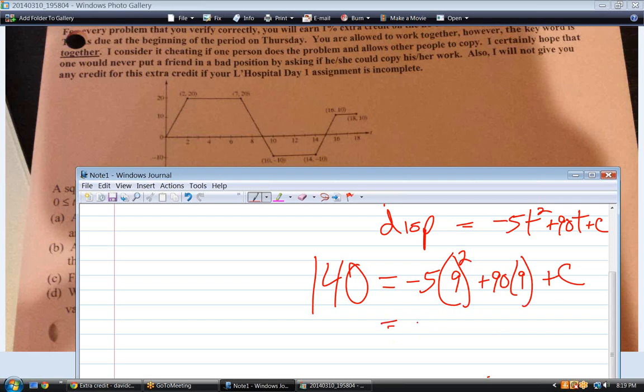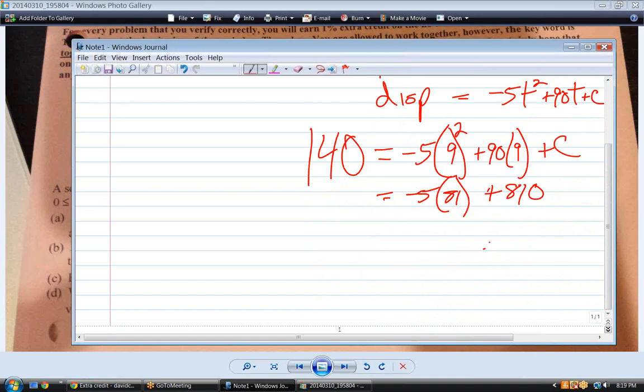So let's see, minus 5 times 81 plus 810. Now, that's 10 times 81, that's minus 5 times 81, that must be a plus 5 times 81. If I move it over to the other side, I get 140 minus 405.